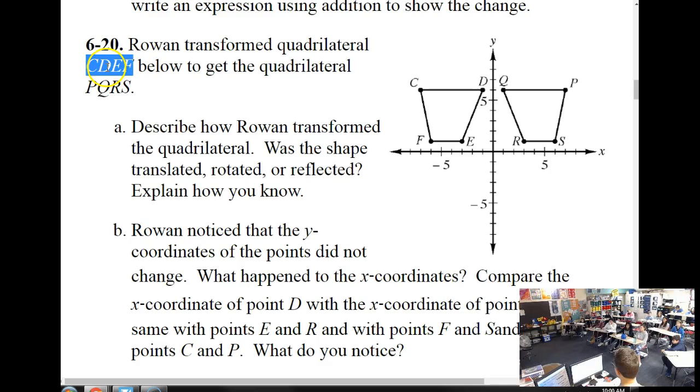So if you say C, D, E, F goes to S, R, Q, P, that is different than saying it goes to P, Q, R, S. What this means, the order tells us C goes to P. D goes to Q. Line DE relates to line QR. Does that make sense? That the order of the points is fixed between the pre-image and the image, right?